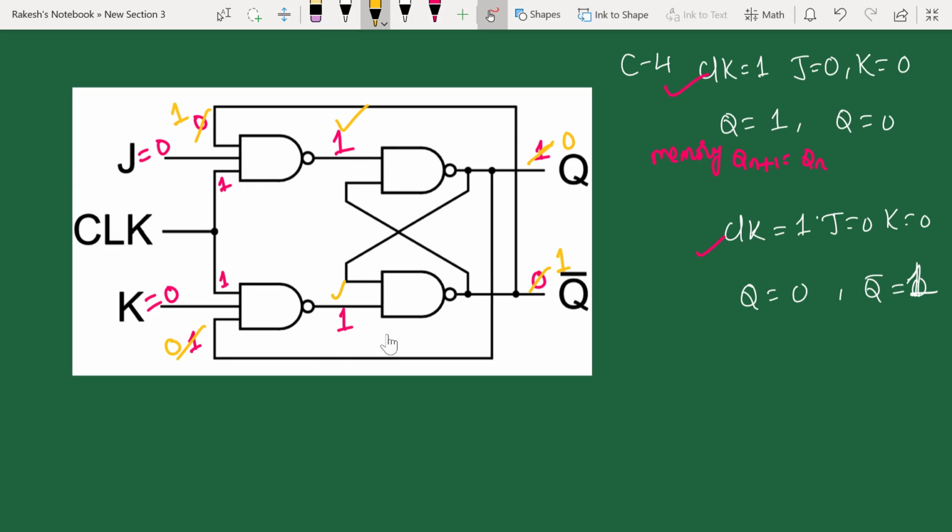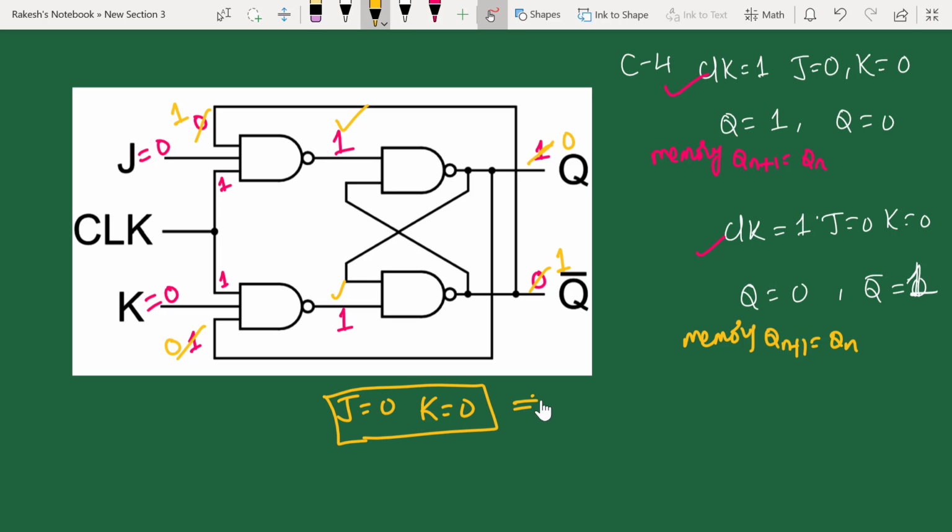So when you apply 1 1 to the NAND latch, it will be in the same memory state. So you are going to have memory state, that means your Qn plus 1 will be Qn. So whenever you apply J equals 0 and K equals 0, whatever the previous output, it will be in the same state. Your next state will be your previous output, or you can say it's a memory state for the JK flip-flop.